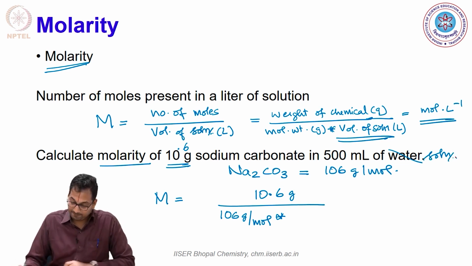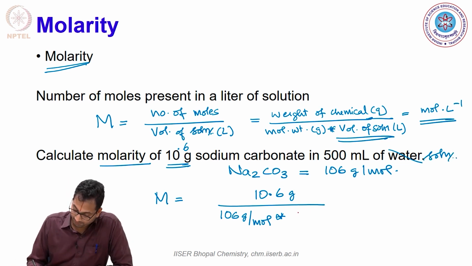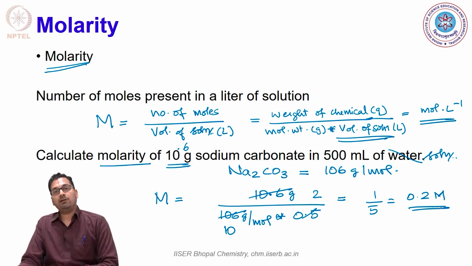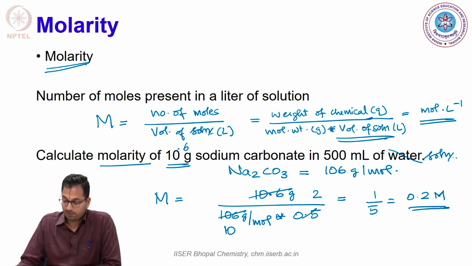So that is going to be 0.5. So basically this is going to be something like, this is 10 and this is 2, so you're going to have 1/5. So 10 grams of sodium carbonate in half a liter of water constitutes 0.2 molar.